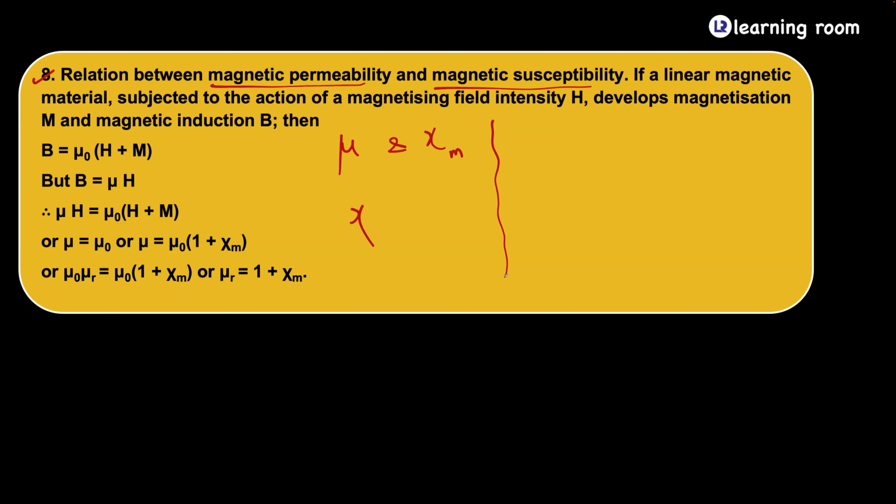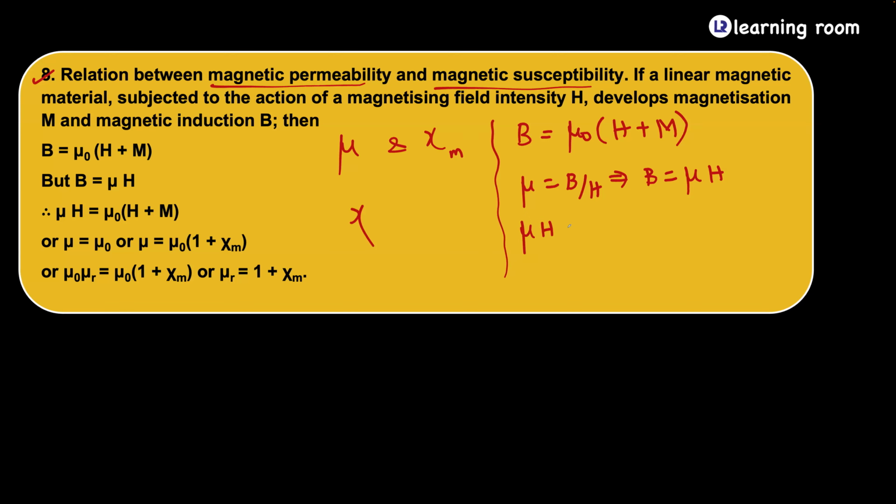From the second definition, we know that the magnetic induction B is equal to mu naught into H plus M. Accepted? And from the fifth definition of permeability, we know that mu is equal to B divided by H, which implies B is equal to mu into H. Put it here.